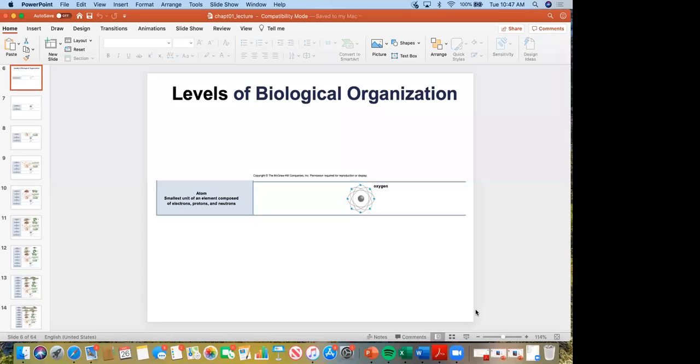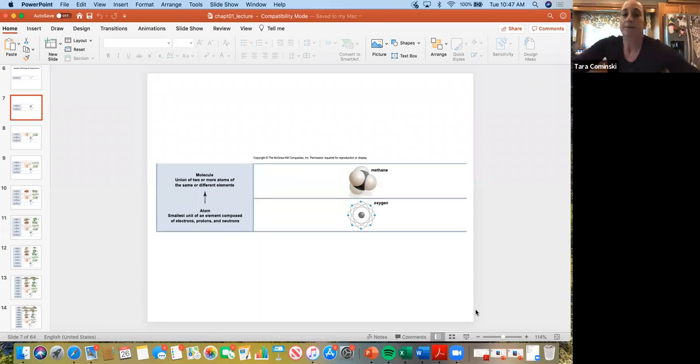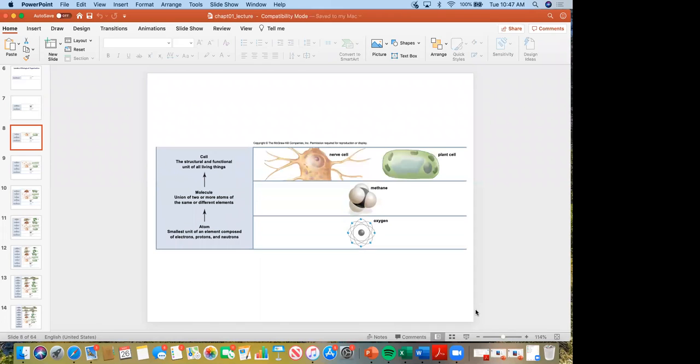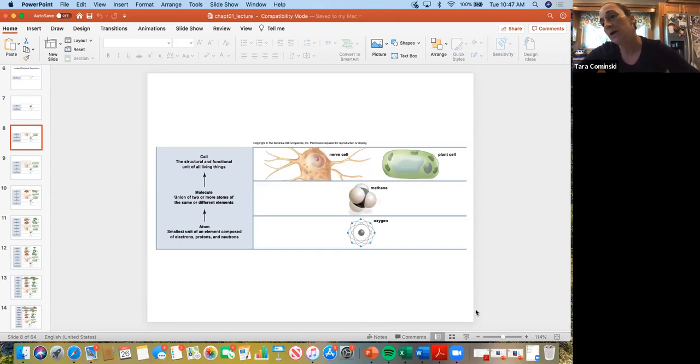Molecule. Good, molecule. All right, and then what about after molecule? Cell. Good, cells. So we should know these levels, and on the left-hand side of the slide there's a basic definition, or description, I should say. You should be familiar with that too. What's next after cell?